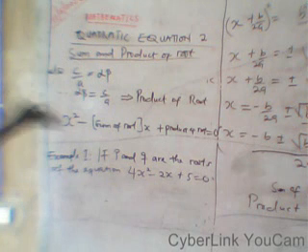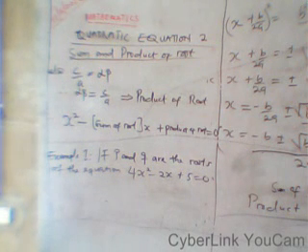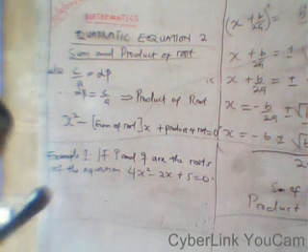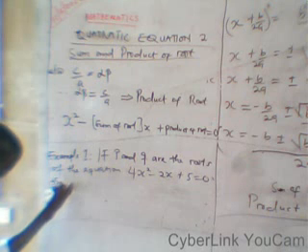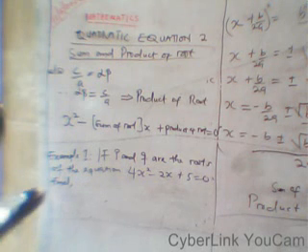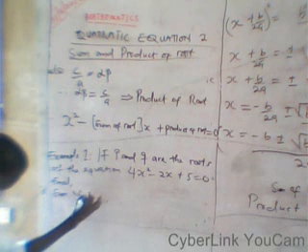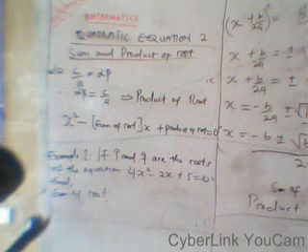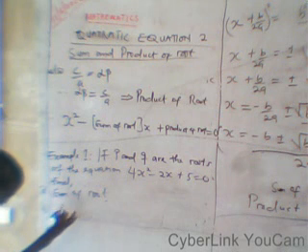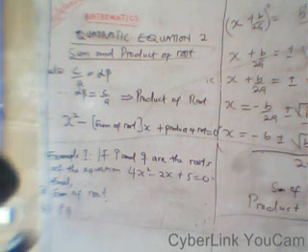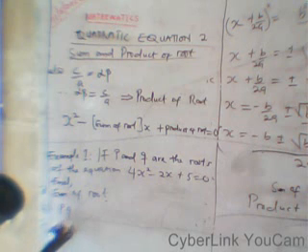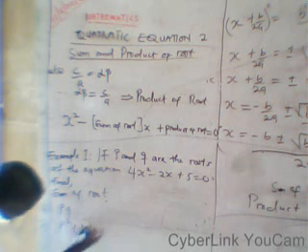So they say P and Q are the roots of this equation. Are you getting it now? Therefore, we are to find: A, the sum of roots; B, PQ, you have to find PQ; then C, find P squared plus Q squared.